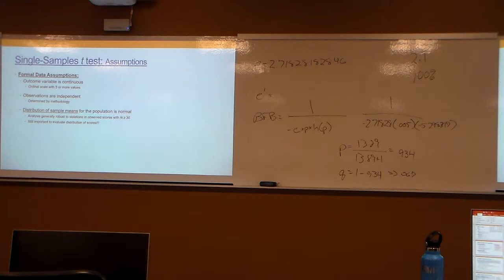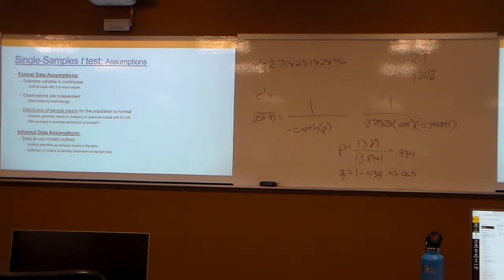As long as I have a reasonable size sample, I should be fairly robust here, okay? So even though we want a continuous outcome and independent observations, we're interested in looking at our distributions only to determine the extent to which it's reasonable to expect the distribution of sample means to be normal, based on the sample that I've collected.